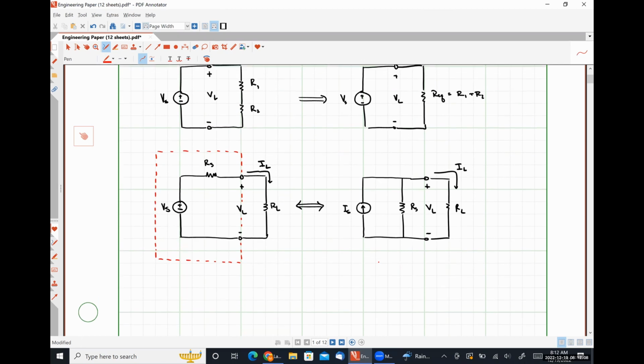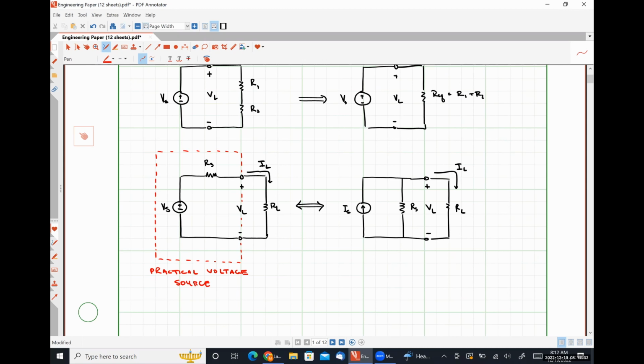So this guy on the left will be what we're going to call a practical voltage source. We call it a practical voltage source because it is modeling how real voltage sources behave.